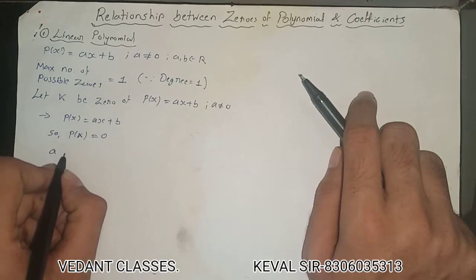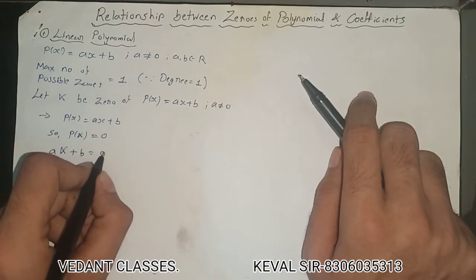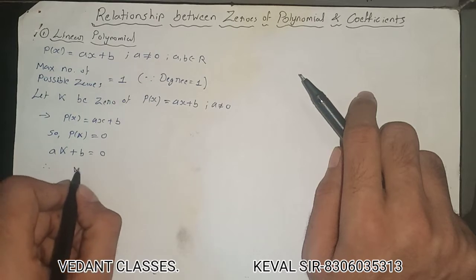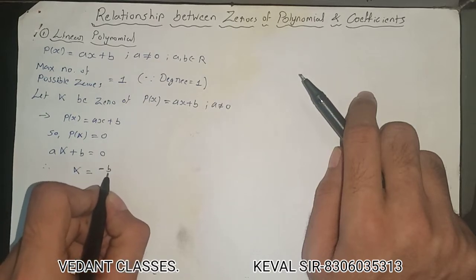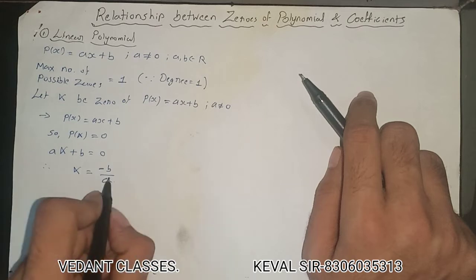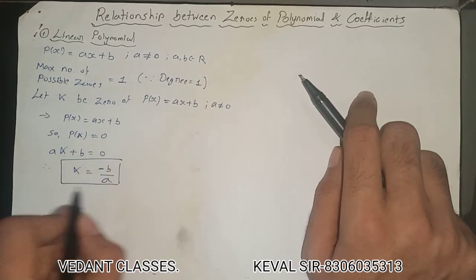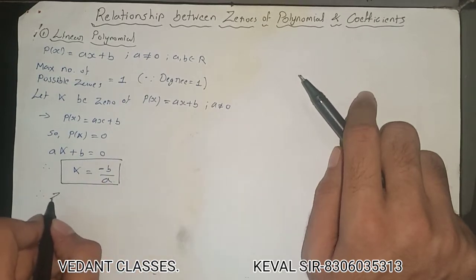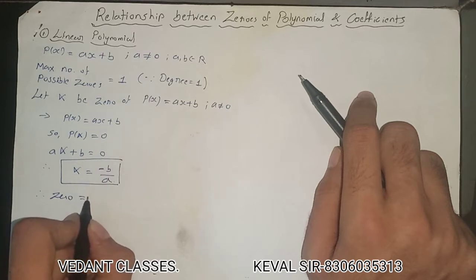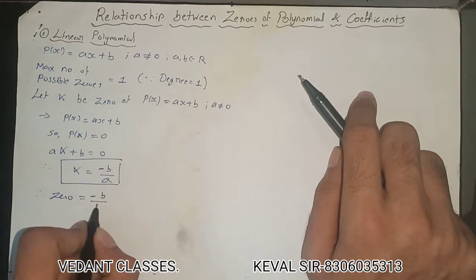So you can write a alpha plus b is equal to 0, therefore alpha will be equal to minus b by a. So you got the value of the zero, alpha is equal to minus b by a.